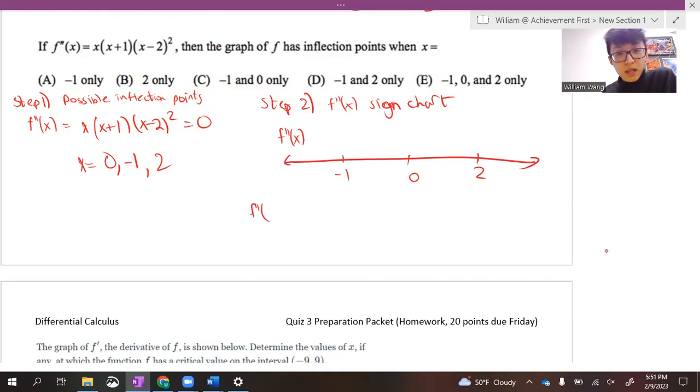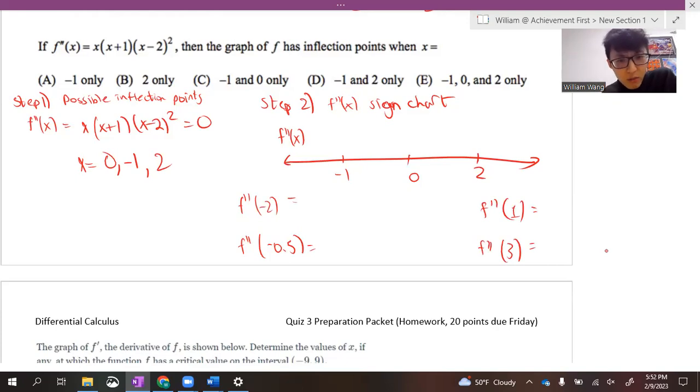First interval, I'm plugging in to the left of negative 1. I'm going to try, let's say, negative 2. Then my next interval, I'll try negative 0.5, which is not the most fun to plug in, but that's all right. And then between 0 and 2, I'm going to plug in 1. Then finally, I'm going to plug in 3.